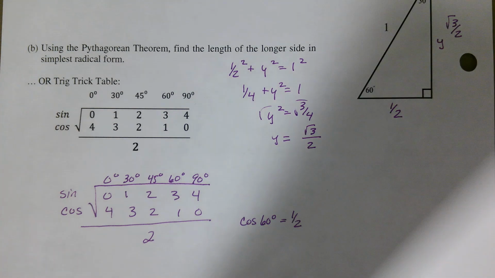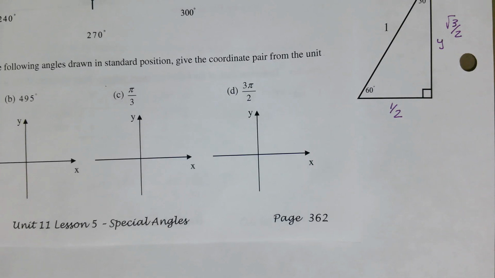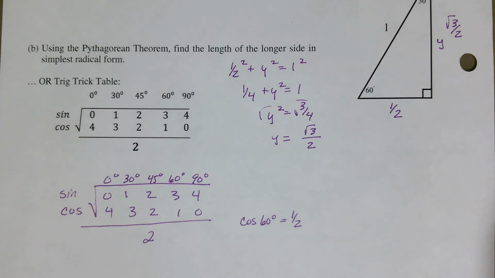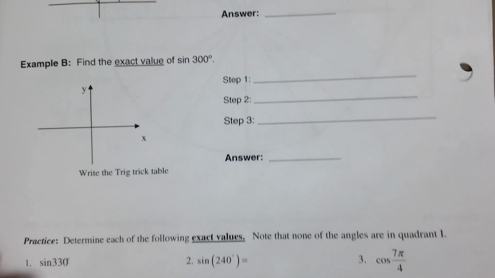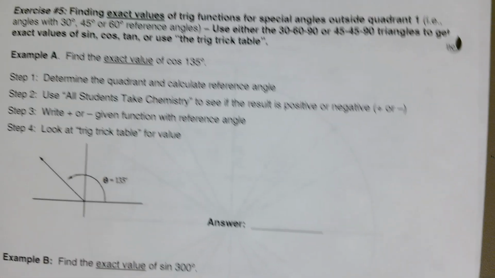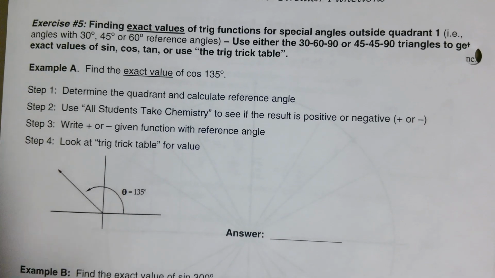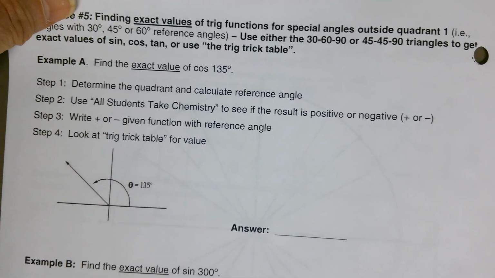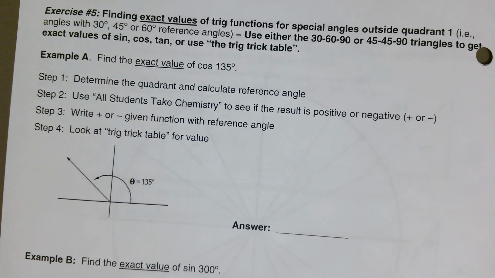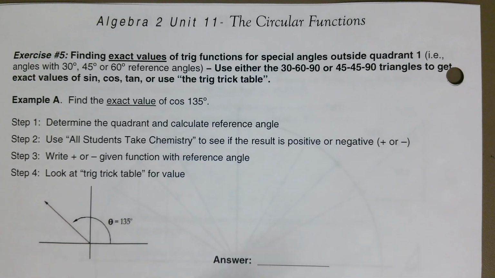Let's go on. So we're skipping page 362, going to page 363. Finding exact values of trig functions for special angles outside quadrant 1.